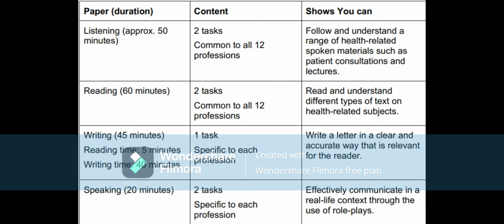Then in listening, what they are expecting from us is whether we are able to follow and understand a range of health-related spoken materials such as patient consultations and lectures. In this part A, you can hear one patient and one consultant talking. There will be 2 recordings.